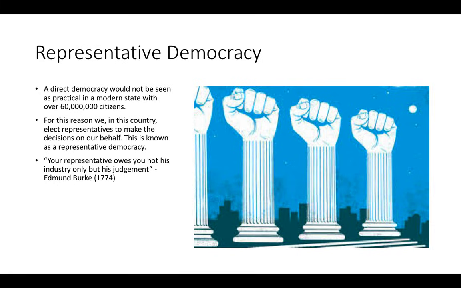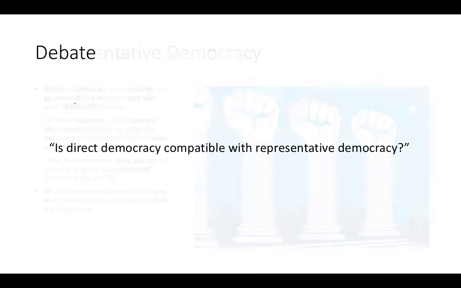We'll have a look at the thoughts of Edmund Burke a lot more in these first few videos, because he goes into a lot of detail on the political philosophy that is interwoven within these ideas of democracy. This quote instills what's known as the Burkean view, that citizens elect individuals to represent them in the legislature, which is a representative democracy.